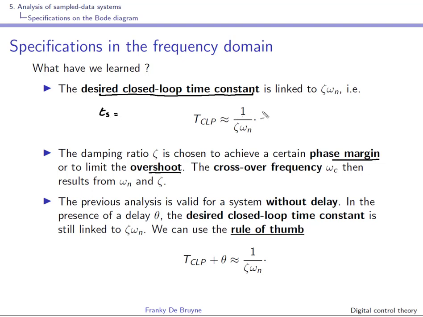So instead of having this relation, you have that TS is 5 over zeta omega n, because the settling time is roughly 5 times the closed loop time constant. So when you have those specifications, what you obtain is zeta and omega n, and we have just seen how you can transform this in the phase margin and the crossover frequency so that you can start your loop shaping procedure.